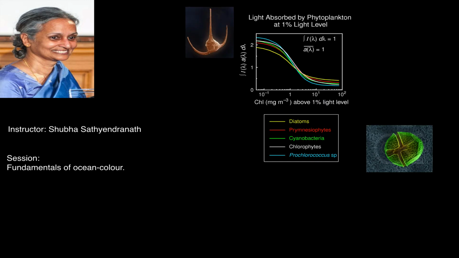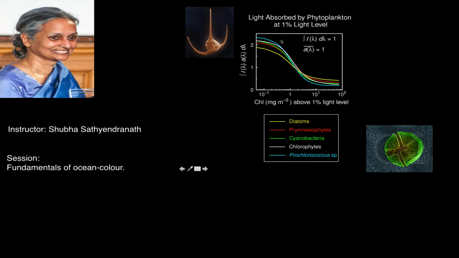So one interesting thing you can do is to calculate light absorbed by phytoplankton, say at the 1% light level, and see how the fractional absorption by phytoplankton might vary if you change the type of phytoplankton present and their absorption spectra.